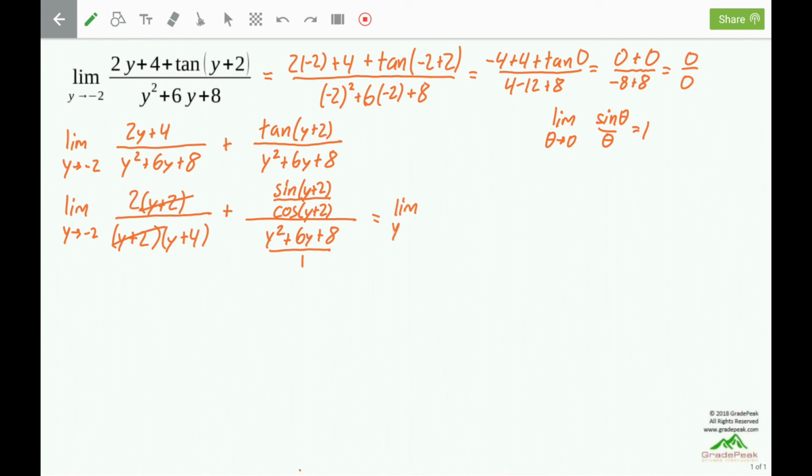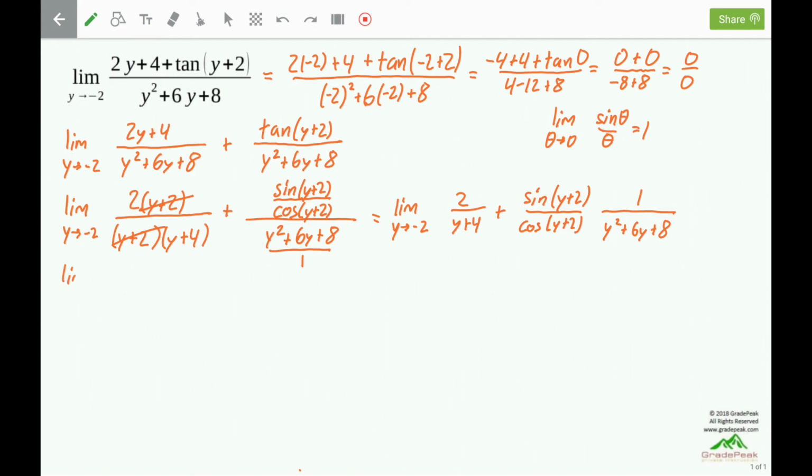And we have the limit as y goes to negative 2 of 2 over y plus 4 plus the numerator, which I will just rewrite exactly as we see it, times the reciprocal of the denominator, which is going to be 1 divided by y squared plus 6y plus 8.